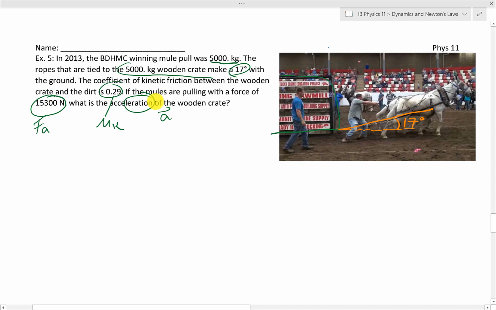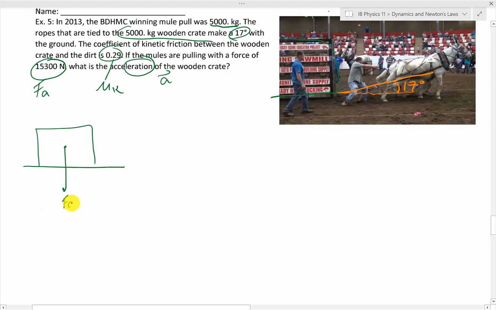Ooh, ouch. Okay, so first and foremost, let's start with a free body diagram. So here we have the basic drawing with force due to gravity, normal force, force of friction. Fa is at an angle. Now, if we want to solve this properly, we can't use the full-blown Fa because it's applied in a diagonal, meaning it has force components that we have to deal with.